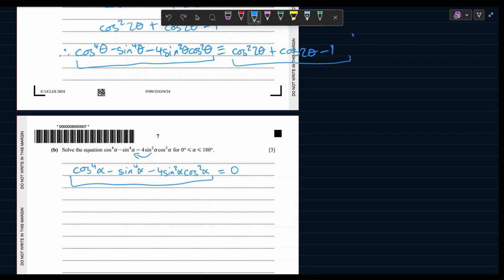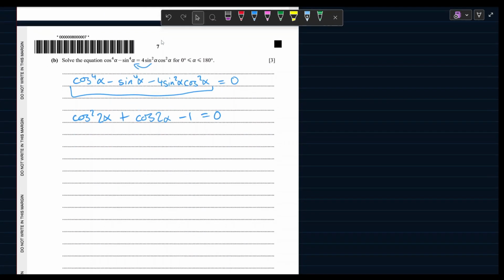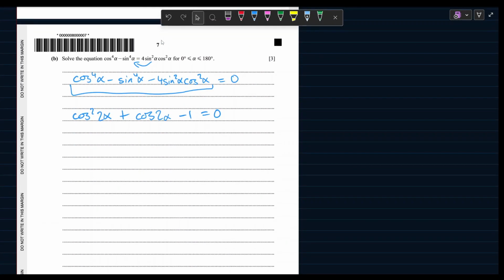So what you would get is cos squared 2 alpha plus cos 2 alpha minus 1, and this is equal to 0. And we're solving for alpha between 0 and 180 degrees. Alright, let's use the quadratic formula.